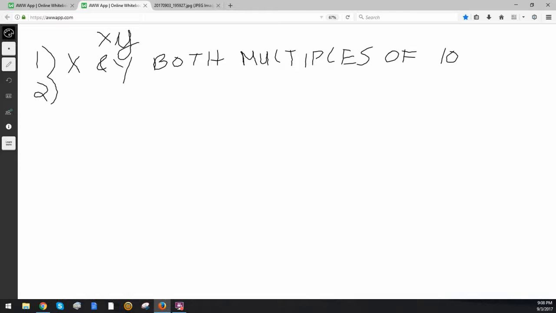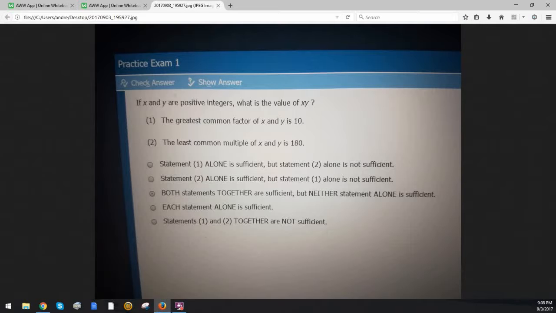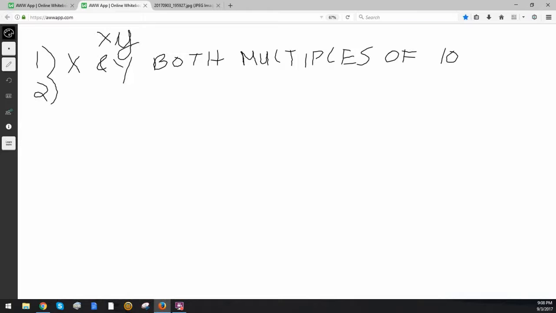So let's list out all the factors, because if 180 is the multiple, we're going to have to look at the factors. So if the least common multiple is 180, let's look at all the factors of 180: 1, 2, 3, 4, 5, 6. 7 doesn't work. 8 doesn't work. 9 works. For example, here we have 90.